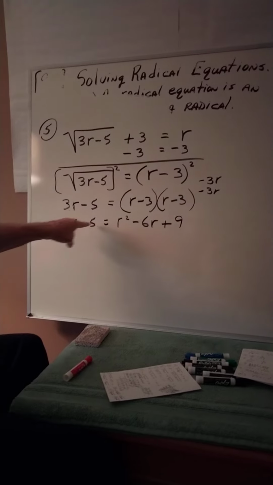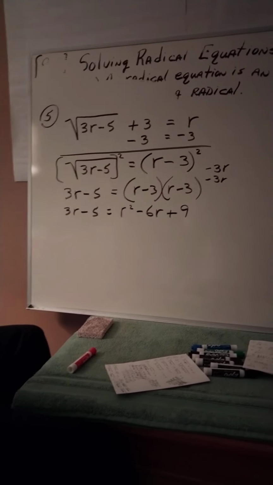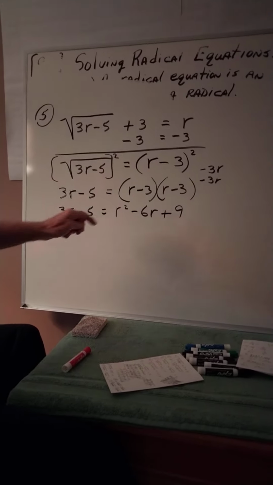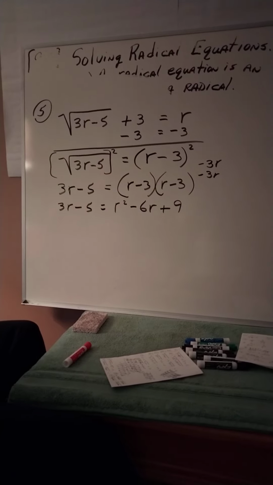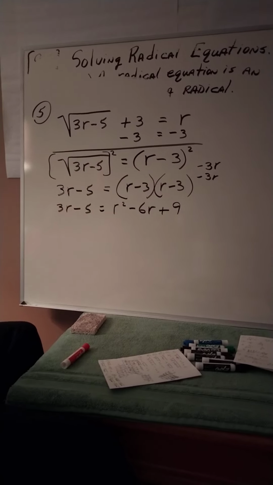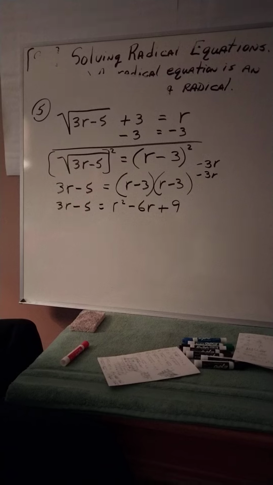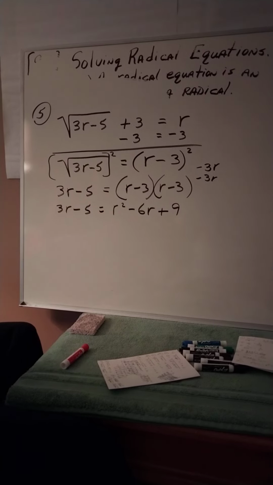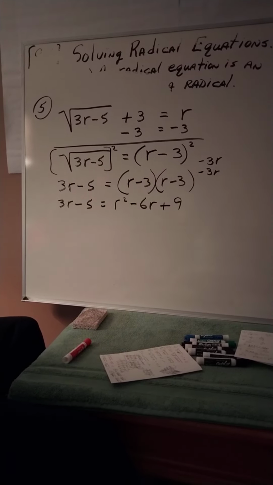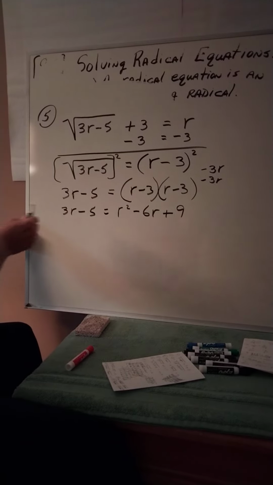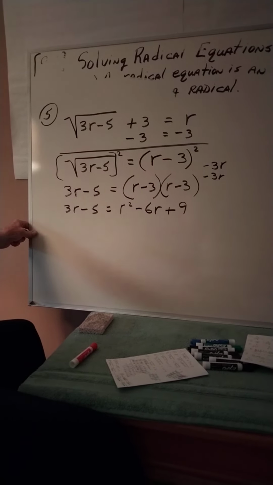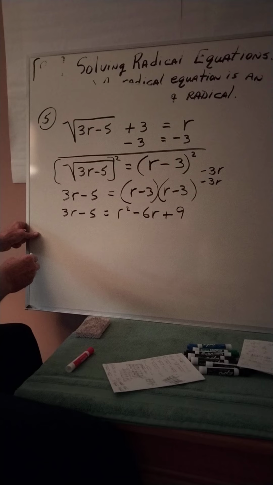All right, now we can tell by looking at this equation, it's quadratic. That r squared is not going to go away. And he's already on the right-hand side. So because it's quadratic, and the only way that we have solved it at this point is by factoring, we're going to move each of these terms that are on the left-hand side over to the right.